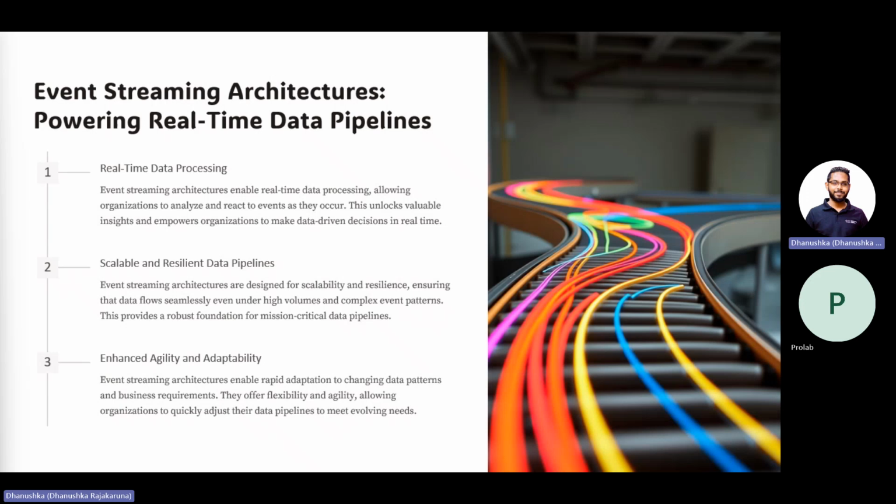For data visualization and analysis, ELK, Elastic Stack, Grafana will be used. Event stream architecture empowers businesses to leverage real-time data pipelines for agility, responsiveness, and innovation.